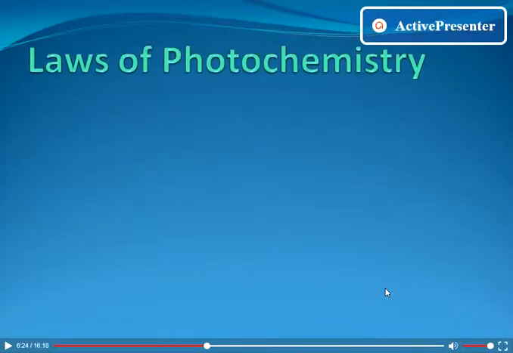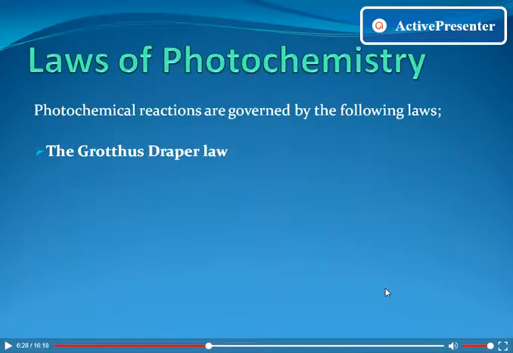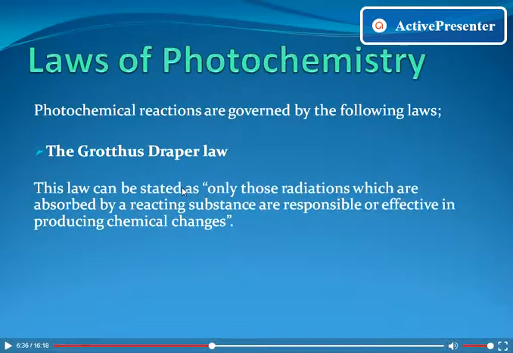So now let's look at some of the laws. First of all, we have the laws of photochemistry. We have the Grotthuss-Draper law, and this one states that only those radiations which are absorbed by a reacting substance are responsible or effective in producing chemical changes. So what does this mean?